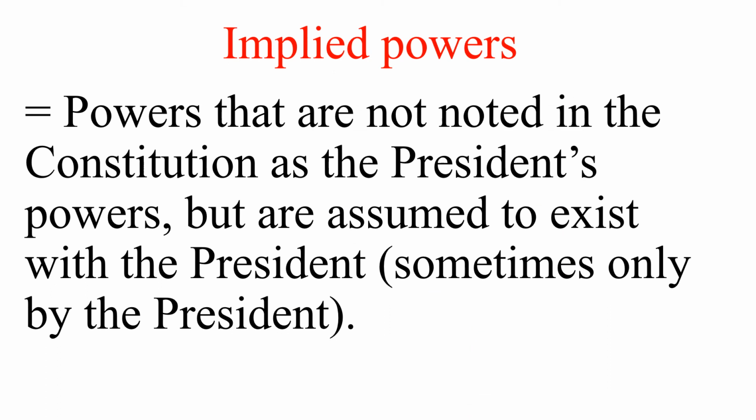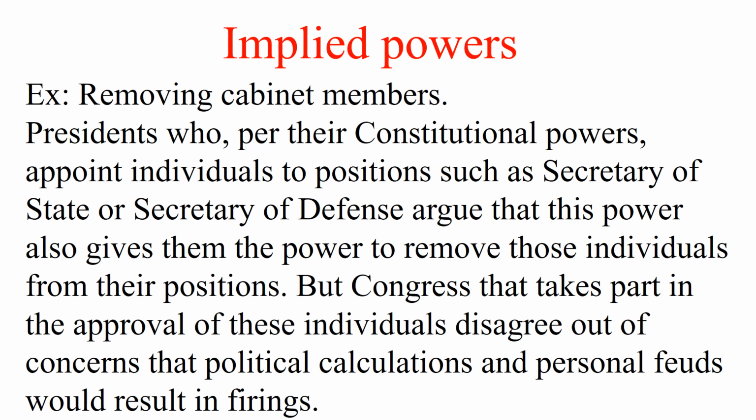Implied powers are another type of powers the U.S. president has, and these are the type of powers that are not clearly stated in the Constitution as the president's powers, but the presidents themselves are claiming that these powers rest with them. So, for example, removing cabinet members.